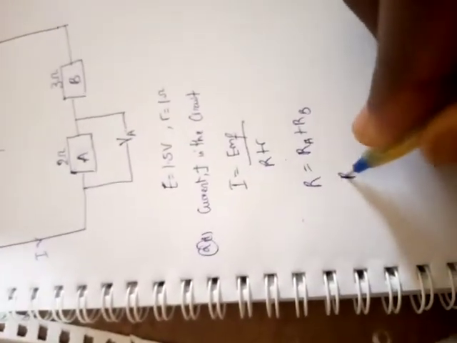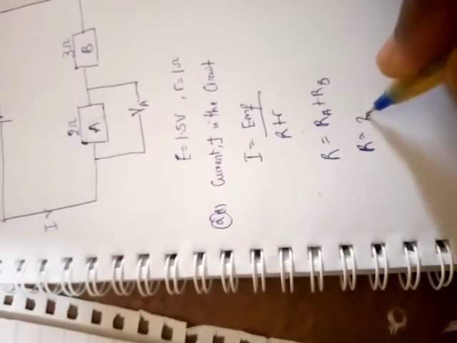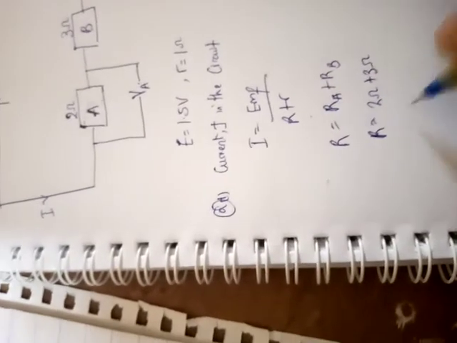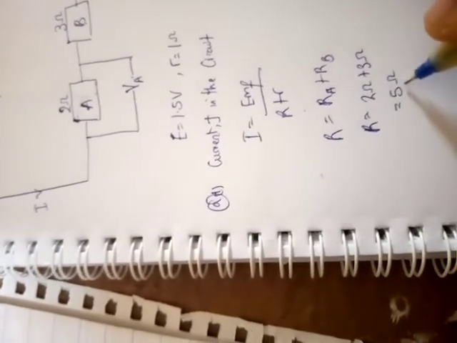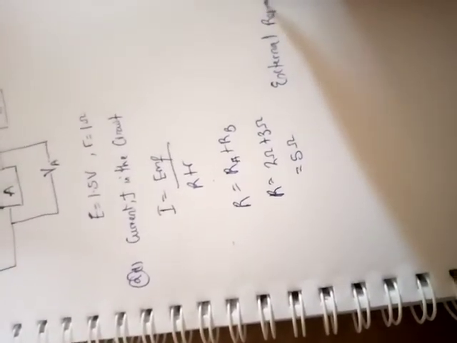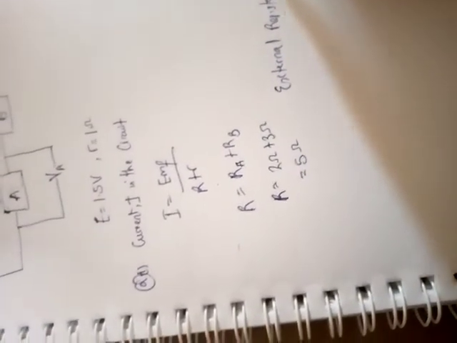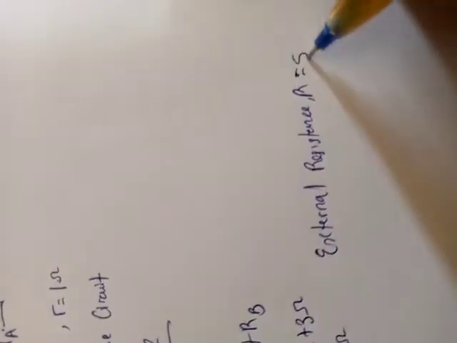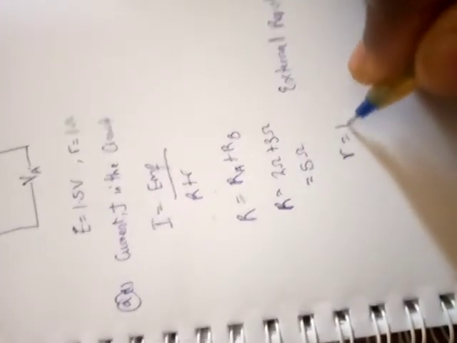That is R is equal to 2 ohms plus 3 ohms, which is 5 ohms. That is the external resistance. R is equal to 5 ohms, and the internal resistance, small r, is equal to 1 ohm.